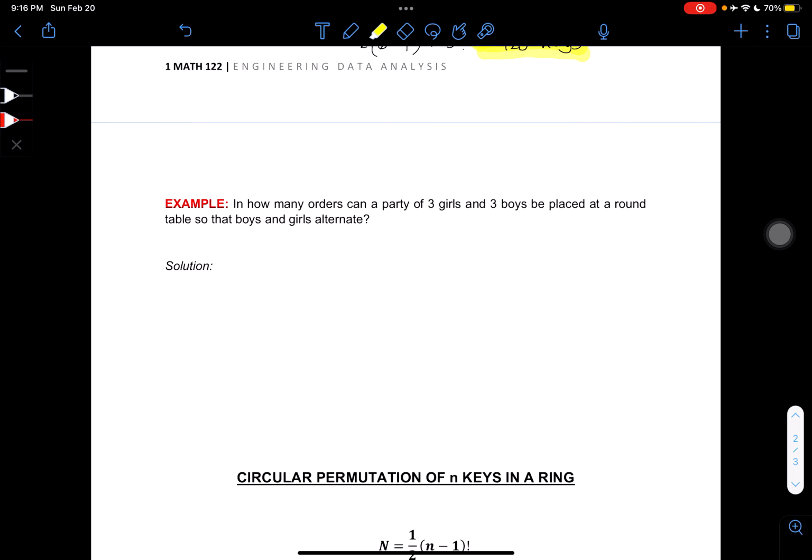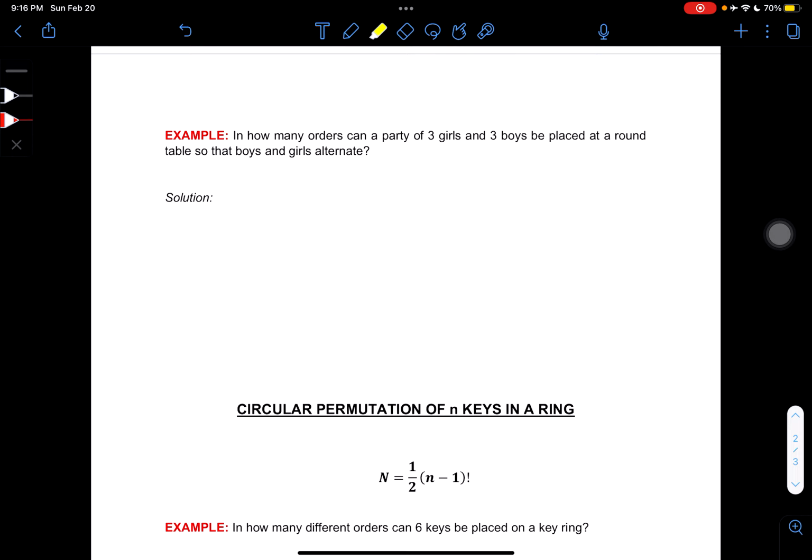Another example, number 3. In how many orders can a party of 3 girls and 3 boys be placed at a round table so that boys and girls alternate? This looks a little difficult, so we need to analyze it. The problem says they must alternate, boys and girls.